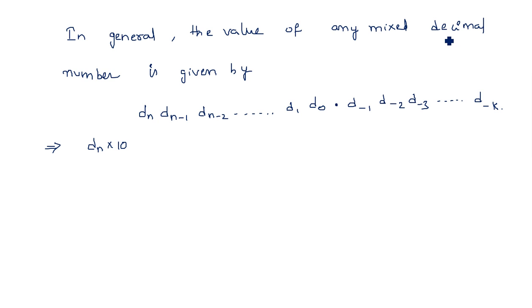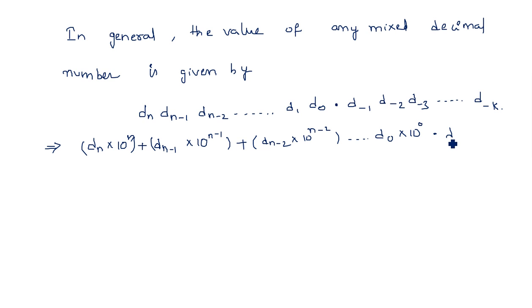A decimal number can be represented in terms of powers of 10. If it is a binary number we write in terms of powers of 2. As it is a decimal number, it is dn into 10 power n plus dn minus 1 into 10 power n minus 1 plus dn minus 2 into 10 power n minus 2 and so on, d0 into 10 power 0, dot, d minus 1 into 10 power minus 1.